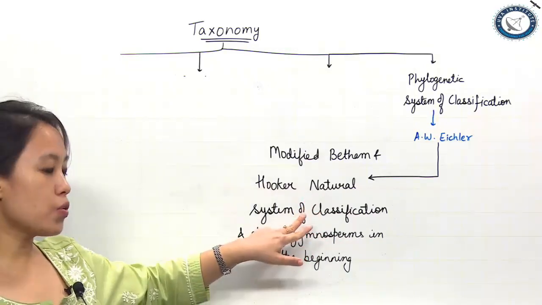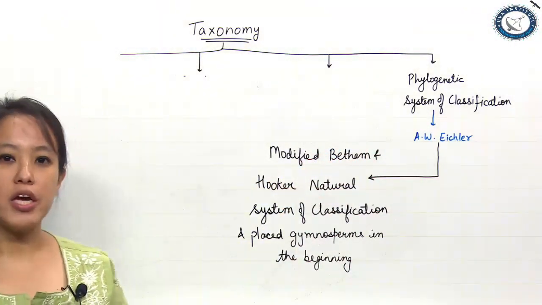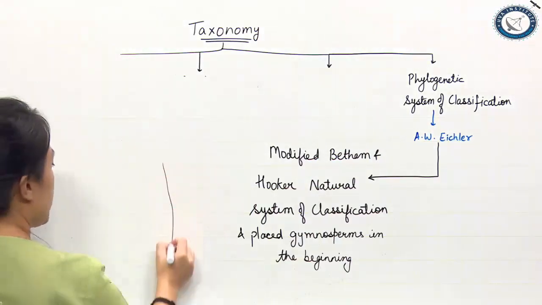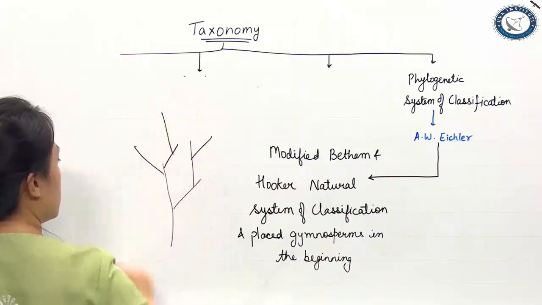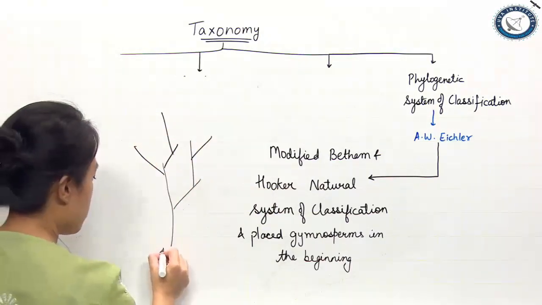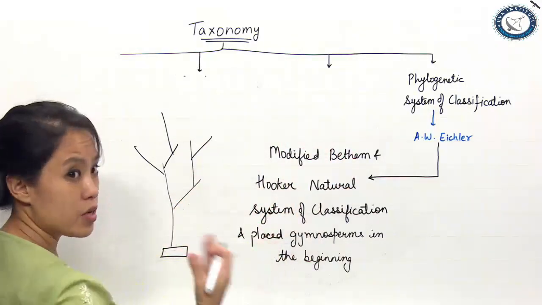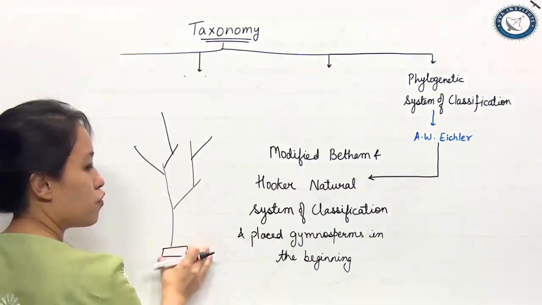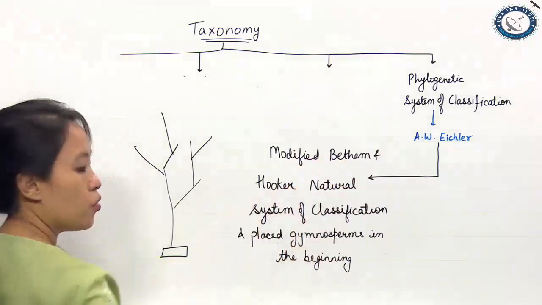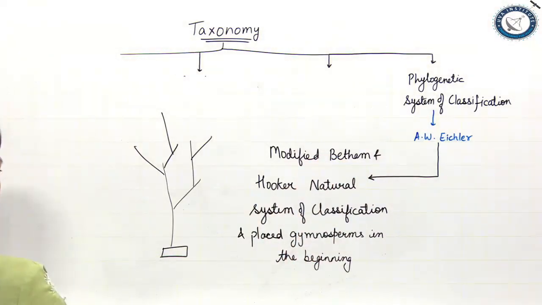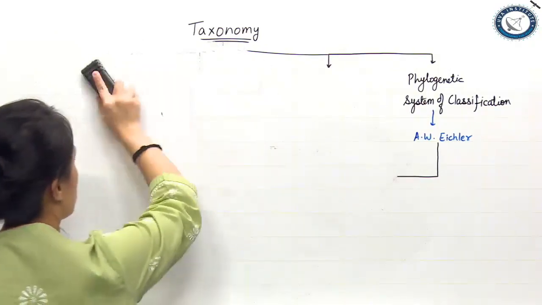And Bentham and Hooker's theory was modified by A.W. Eichler, which finally gave phylogenetic classification. Remember, a phylogenetic tree would be like this, ancestral histories starting from the same origin. The phylogenetic tree helps us to identify the origin of that organism. So it was given by A.W. Eichler, but on the basis of Bentham and Hooker's theory. So this is what we have dealt with, the early attempts of taxonomy.